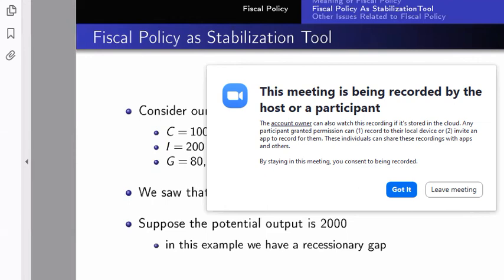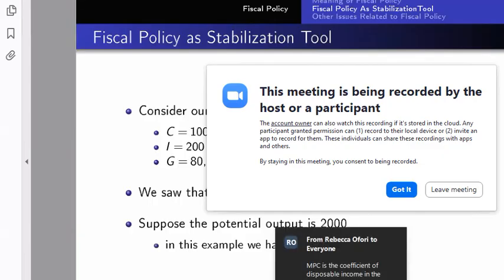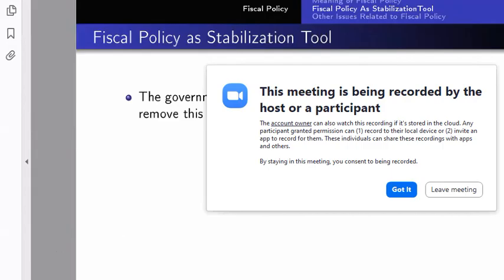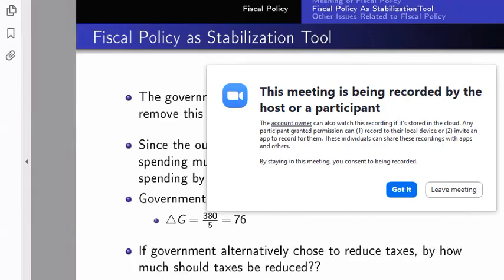Now, assuming the potential output is 2000, clearly the actual is lower than the potential by the magnitude of 380. That is 2000 minus 1620, so it's equal to 380.